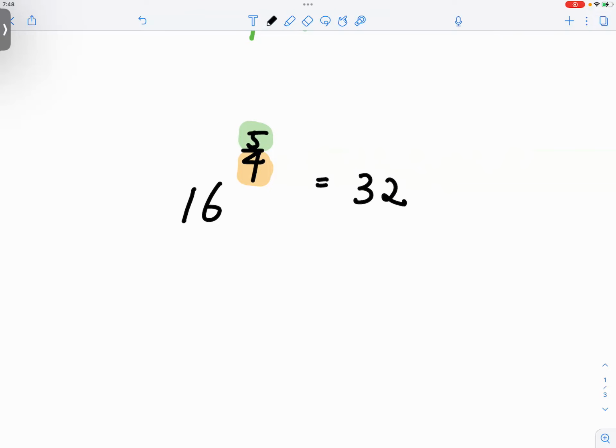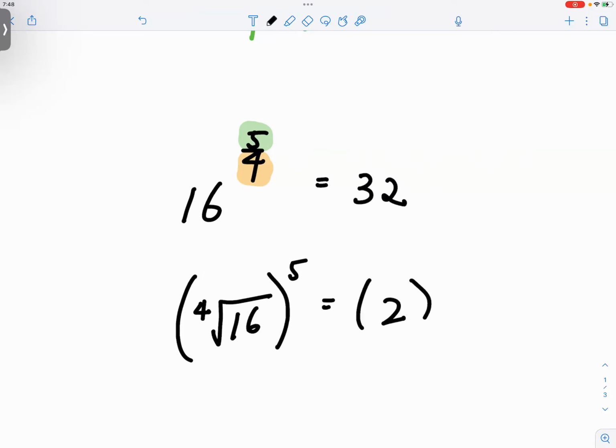Yes, sure. So let me just go ahead and write this out. What is the 4th root of 16? 2. And then you raise it to the 5th power. So it becomes 2 to the 5th power, which is 32.